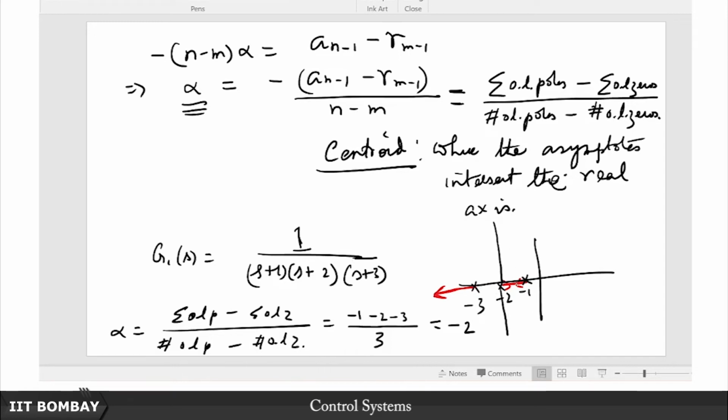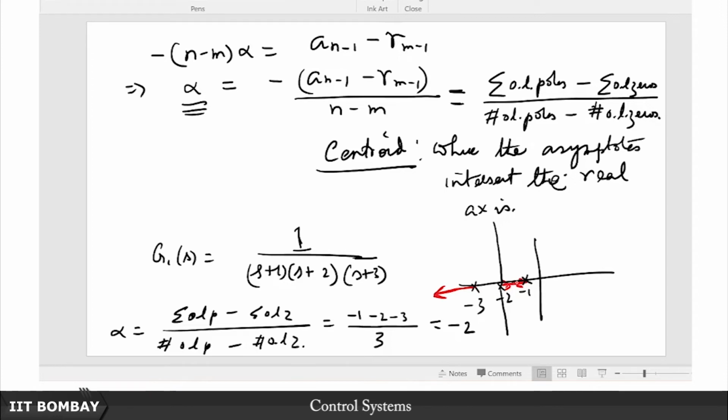So as k goes to infinity, even without much thought, we can say that at some point here they will break away. Why they will break away, we'll explain shortly. Because at this point it's coming from this side as k increases from 0 to infinity, and at this point also it's coming from this side. But at some point here they have a common point.